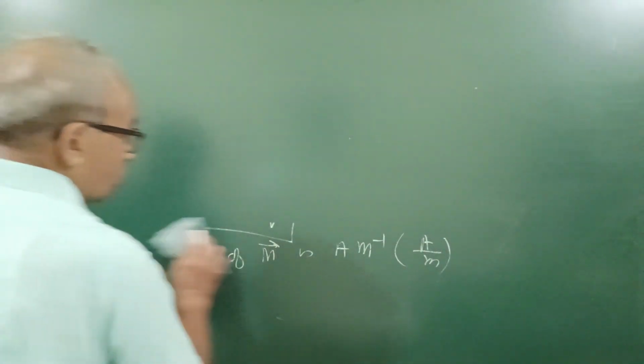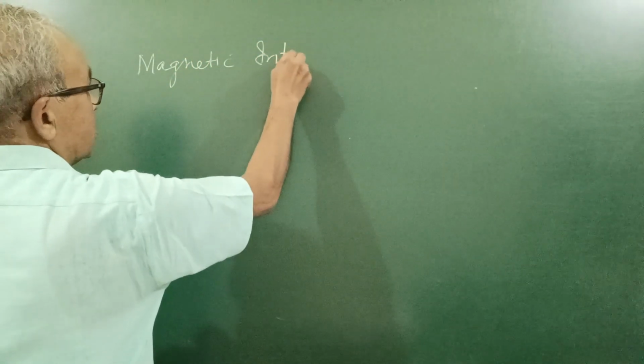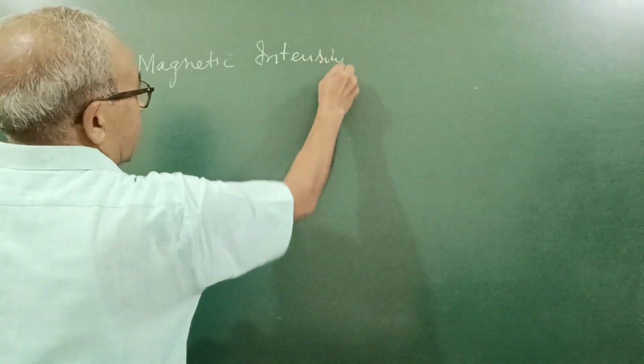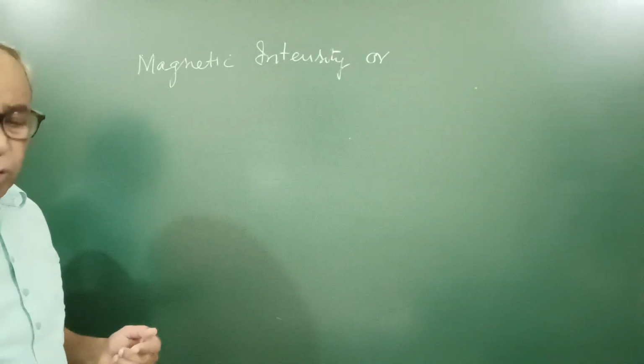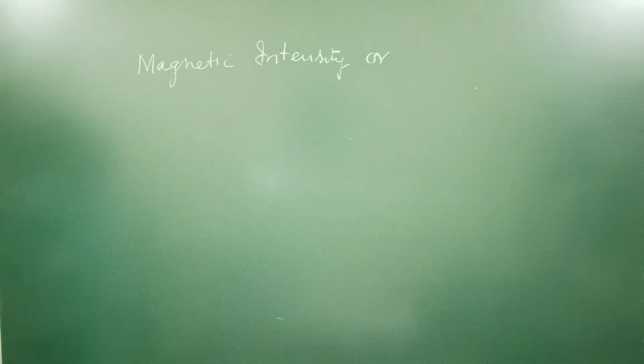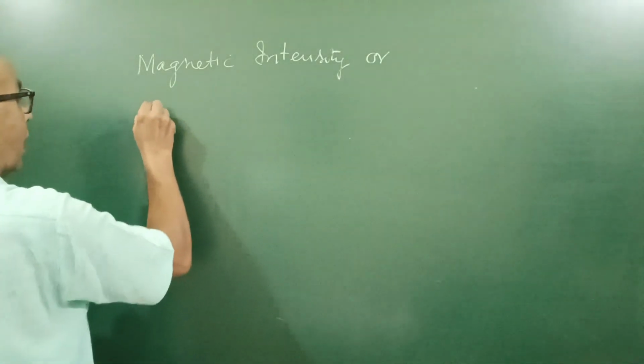Now I come to the next topic here, which creates lots of trouble to students. सुनो भाई, नाम सुन के आपको लगा जैसे हमने पहले पढ़ चुके, magnetic intensity, और in one book with me here, strength of magnetizing field भी लिखा है, and we can write simply magnetizing field.